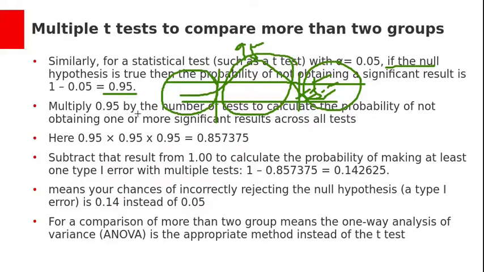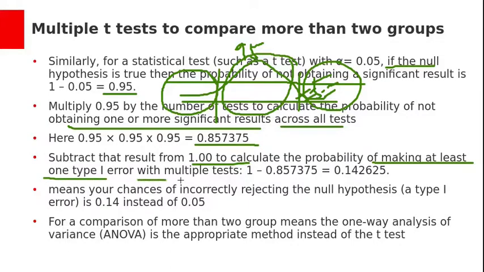Multiply this 0.95 by itself for the number of tests to calculate the probability of not obtaining one or more significant results across all tests. It would be 0.95 cubed. The result is 0.857. Subtract the result from 1 to calculate the probability of making at least one type 1 error with multiple tests: 1 minus 0.857.